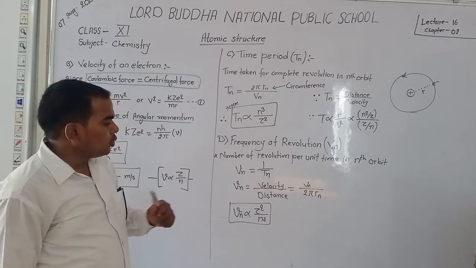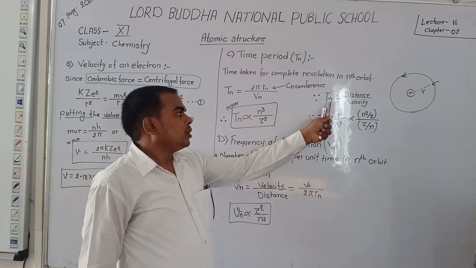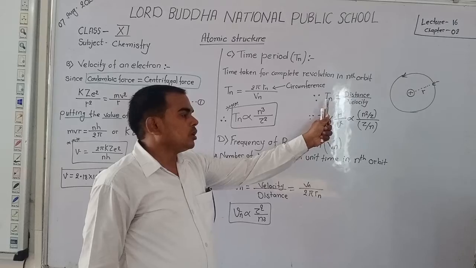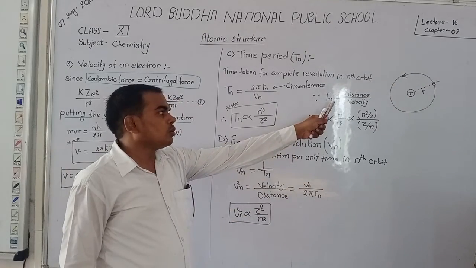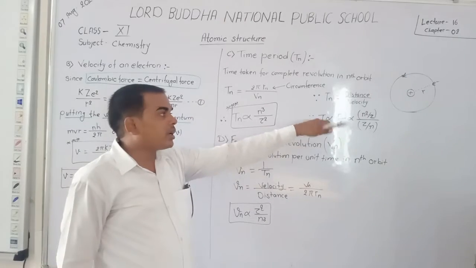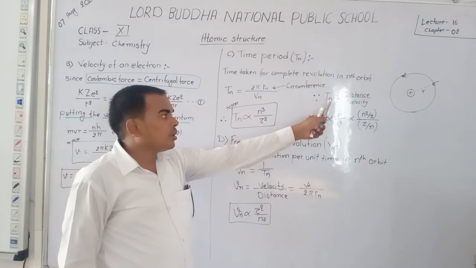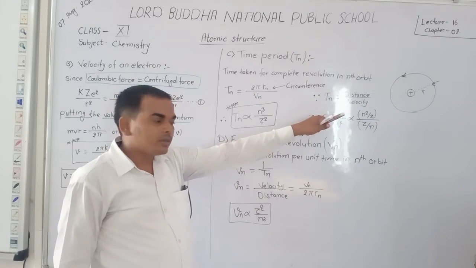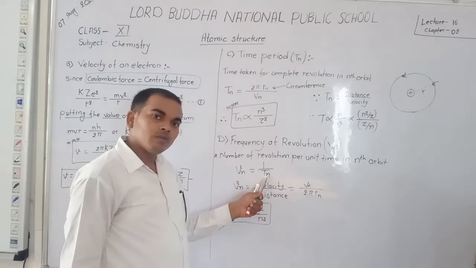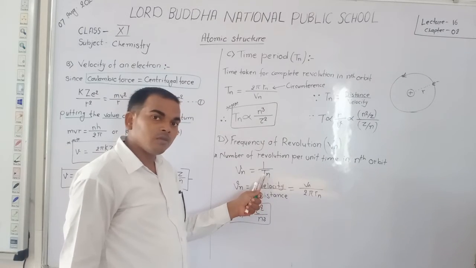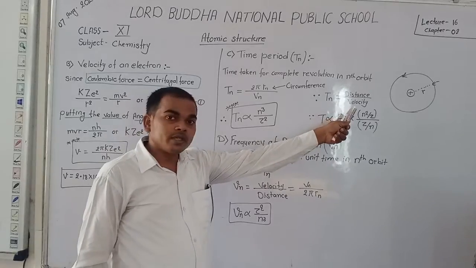You know that velocity is equal to distance upon time, and time is equal to distance upon velocity, but frequency is the inverse of the time period. So the formula also becomes inverted.